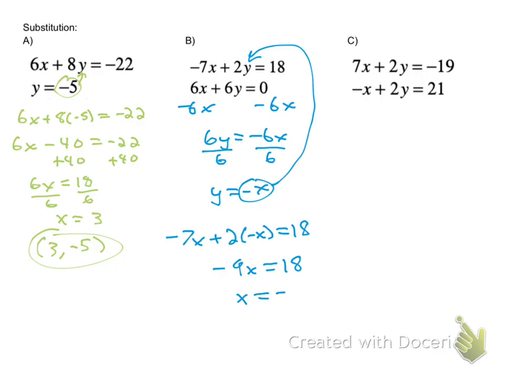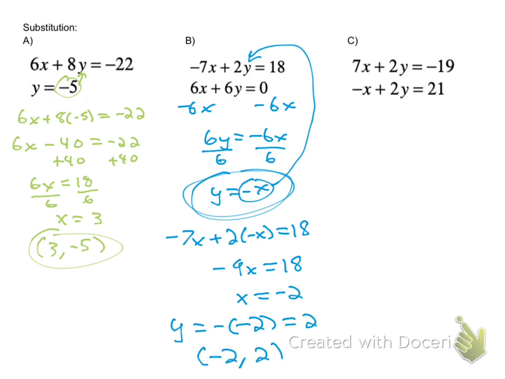Gives me x equals -2. Plug that back in. I'm going to plug it back here where I've isolated y. Y equals a -2, which is a +2. So that answer is -2, 2.